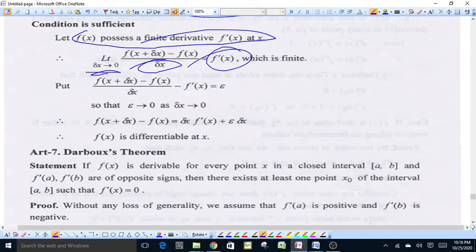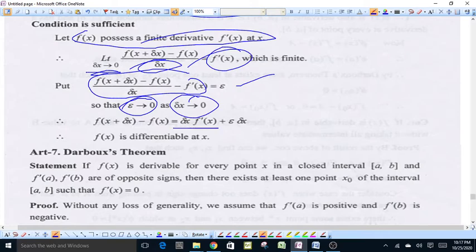Put [f(x + Δx) − f(x)] upon Δx minus f'(x) equal to ε, and ε approaches 0 as Δx approaches 0. This means f(x + Δx) − f(x) will be equal to Δx f'(x) plus εΔx. This means f(x) is differentiable at any point x.